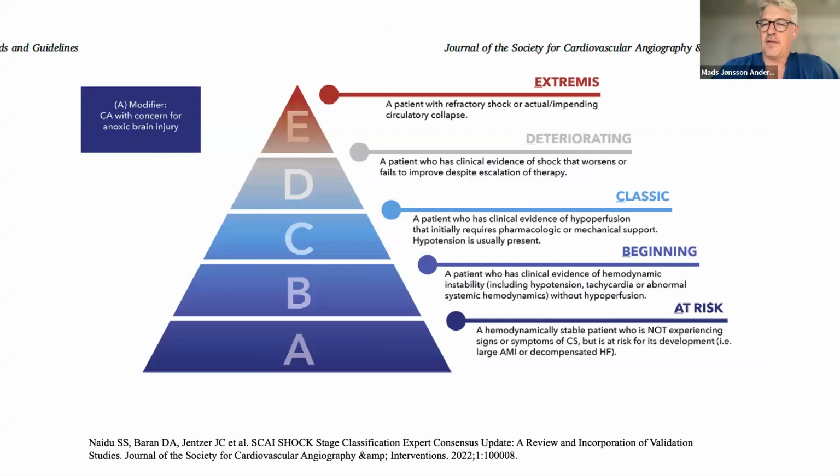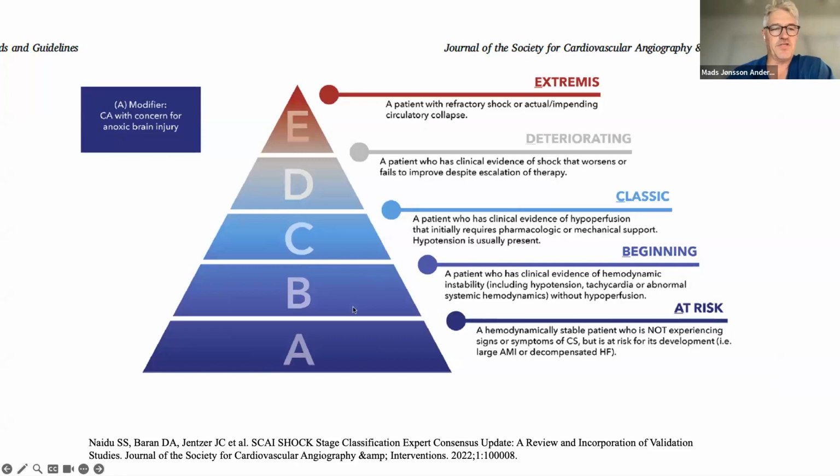There are many different clinical classifications for cardiogenic shock. The Society of Cardiovascular Angiography and Intervention, SCAI, has proposed these 5 different stages. These stages are an indication of shock severity, and there's also a significant correlation with shock severity and mortality across clinical subgroups.